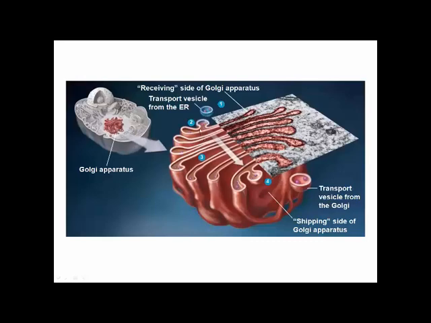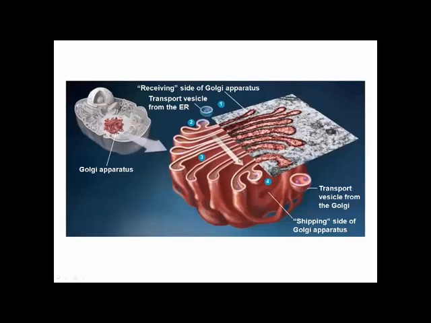And the Golgi transports this protein through its stacks, through the lumen of these different stacks of the Golgi, and within the Golgi, at the trans face, or the shipping side of the Golgi, these vesicles are formed again, and these transport vesicles are taking proteins away from the Golgi.